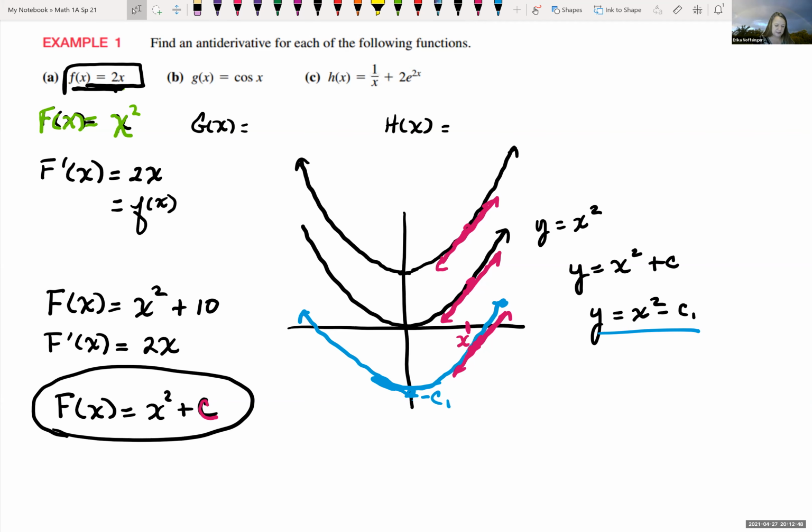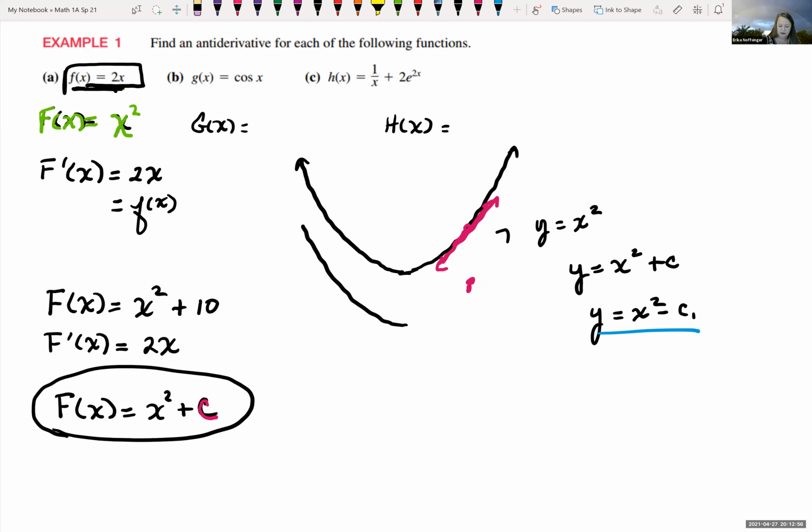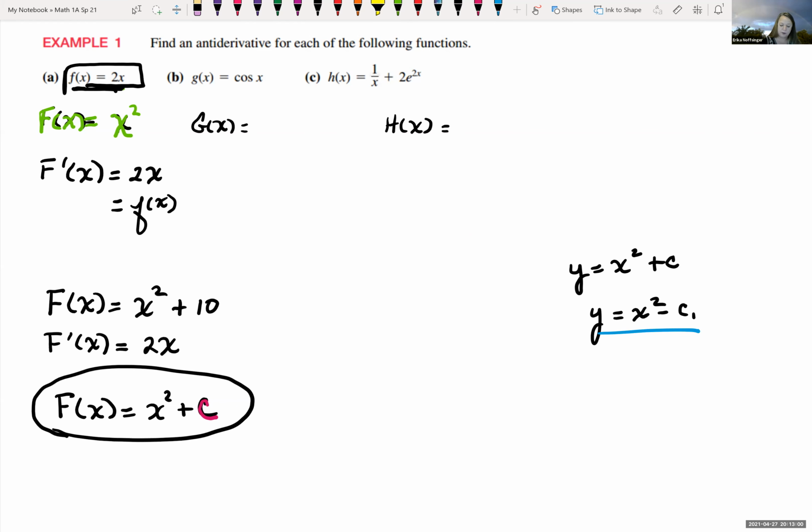So looking at this, we have g of x, little g of x, is equal to cosine of x. So we want to think about what we can take the derivative of to get back positive cosine of x. Well, remember taking the derivative of sine x was positive cosine of x.